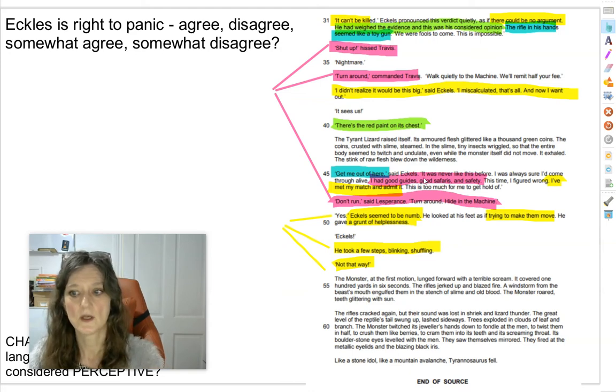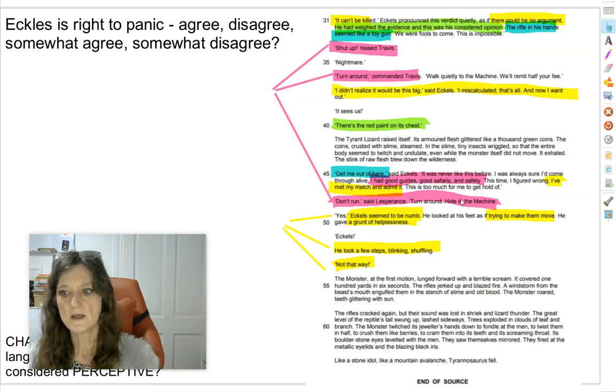I don't think this is good safari safety. So again, that could mean that you agree with the statement here, or somewhat agree with the statement. Lesperance and Travis are being rude and they're not explaining kindly to Eccles, and Eccles doesn't think that they're good guides. We can work that out through inference there.